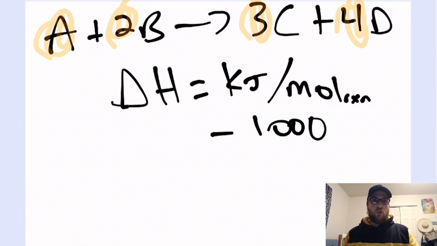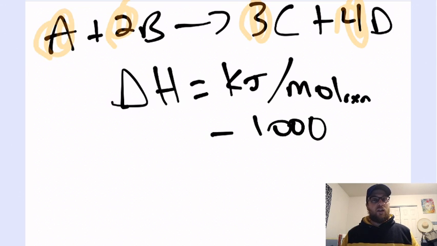So kilojoule per mole reaction means as long as we have the ratios seen in the balanced equation, we react 1 mole of A with 2 moles of B, it goes to completion, we get 3 moles of C and 4 moles of D, then you'll release 1,000 kilojoules of heat.